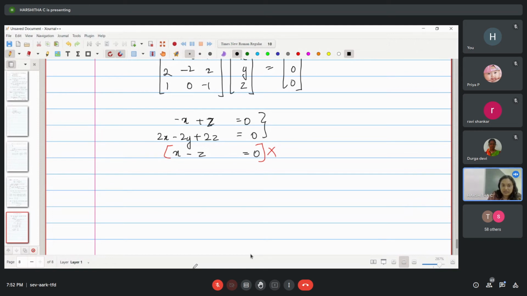Okay, anyway, so this is discarded. So we just have two equations. Basically one variable we have a choice of, and the other variables will depend on that. So the first equation gives x is equal to z.